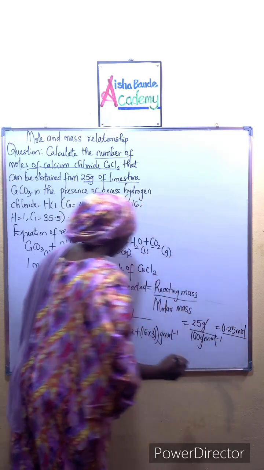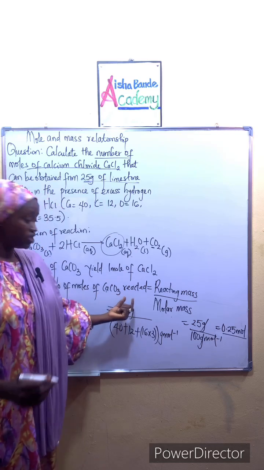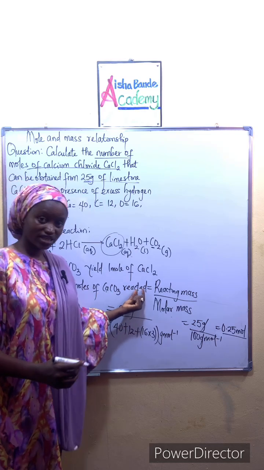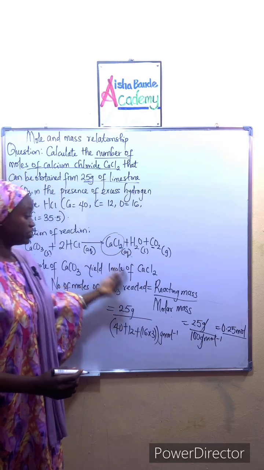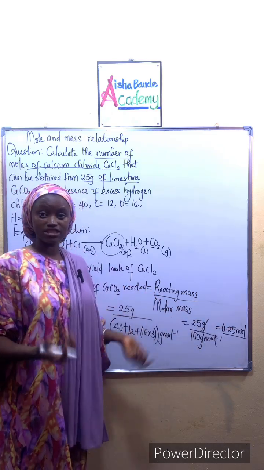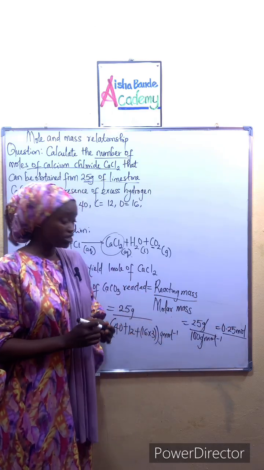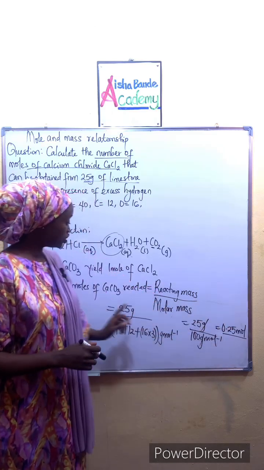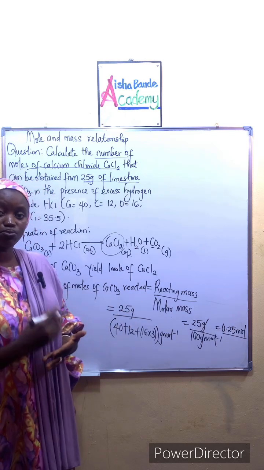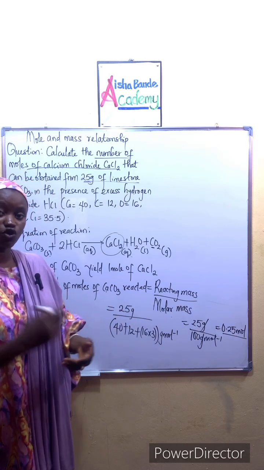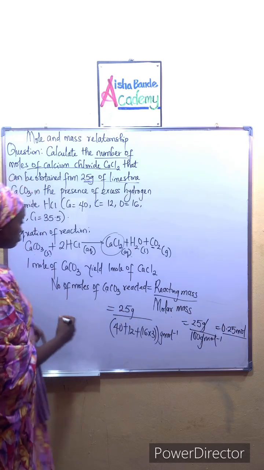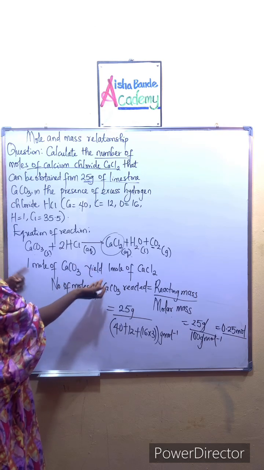Okay, so what this means is that the number of moles of CaCO3 that is reacted in this chemical reaction is 0.25 moles. Interpreting this also means that 0.25 moles of CaCO3 yields 0.25 moles of CaCl2, because they also have the same number of moles.